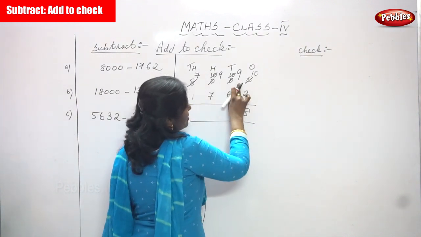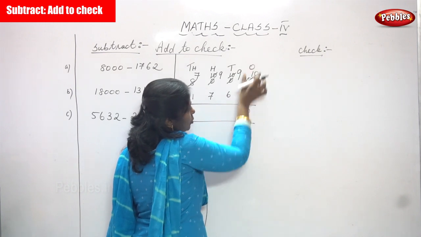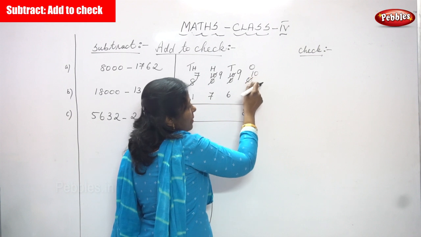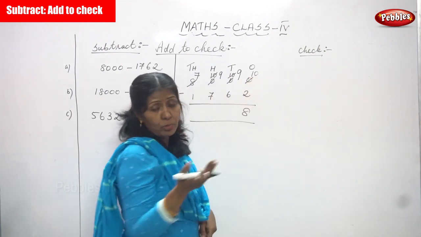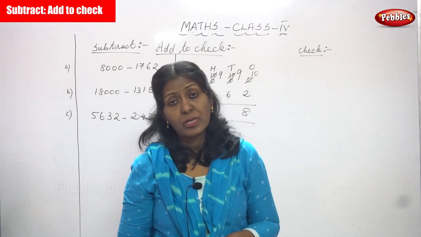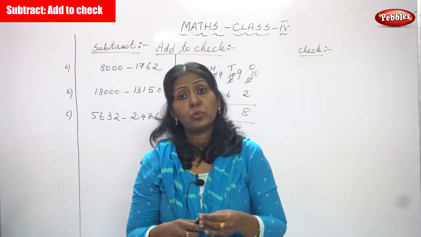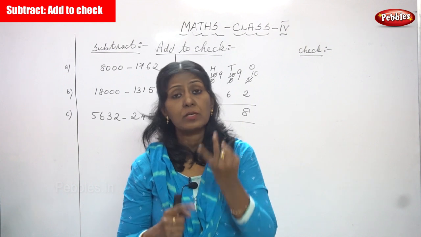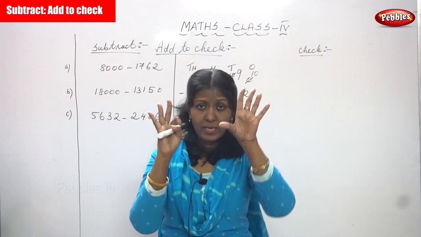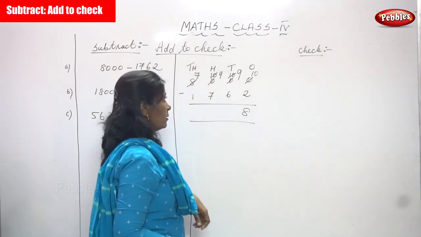First you're focusing on the ones place. The number right now is 10. So 10 minus 2, you do the backward counting. After 2 you start counting up to 10: 3, 4, 5, 6, 7, 8, 9, 10. So you have to write 8 here.